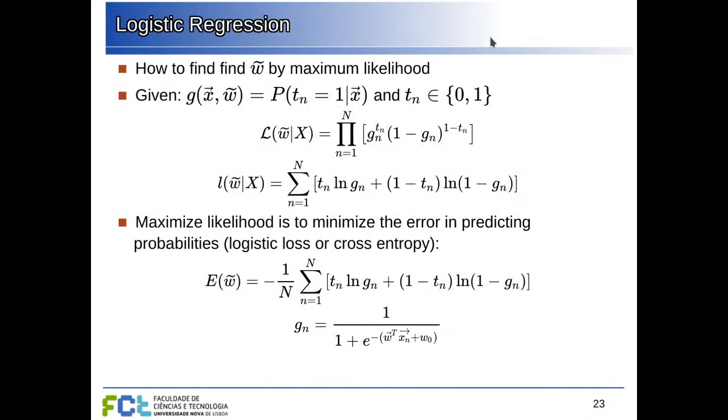Okay, so let's now try to find this set of parameters, again by maximum likelihood. This is the same thing we did in linear regression, but in linear regression we assumed that we had a function that predicted y and had some normally distributed error.